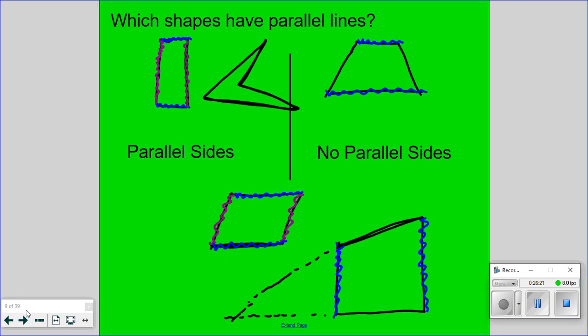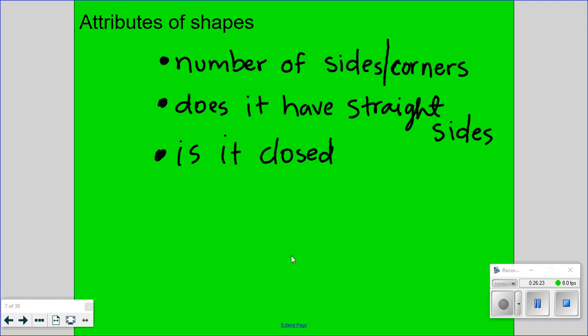So if I revisit our attributes of shapes that we wrote in our notebook, one of the other ways we can classify a shape with our attributes of shapes is by seeing if it has parallel sides.